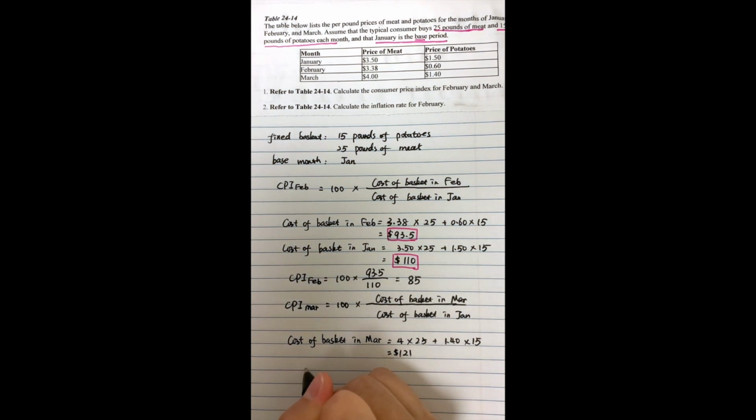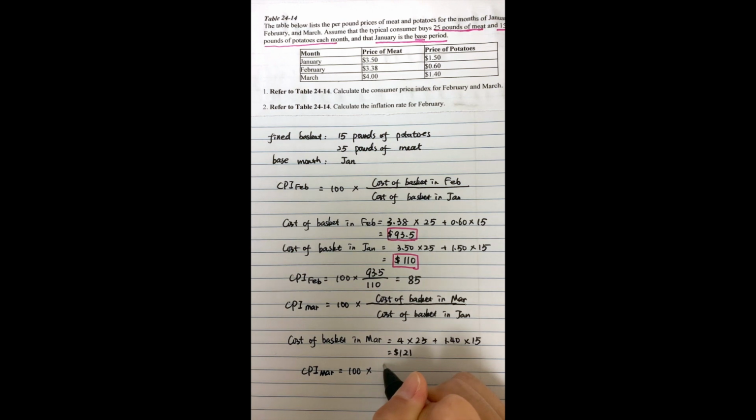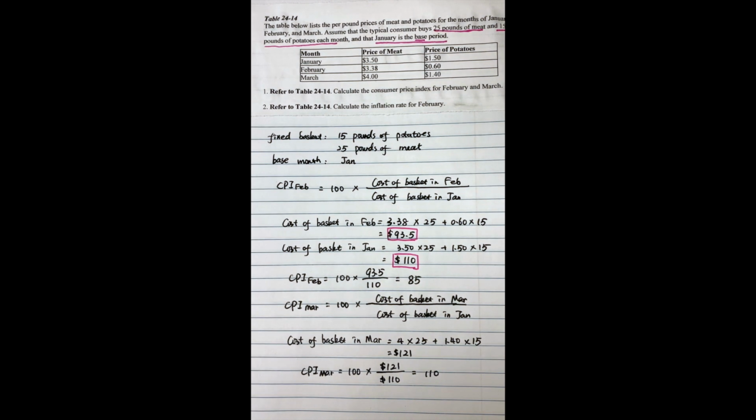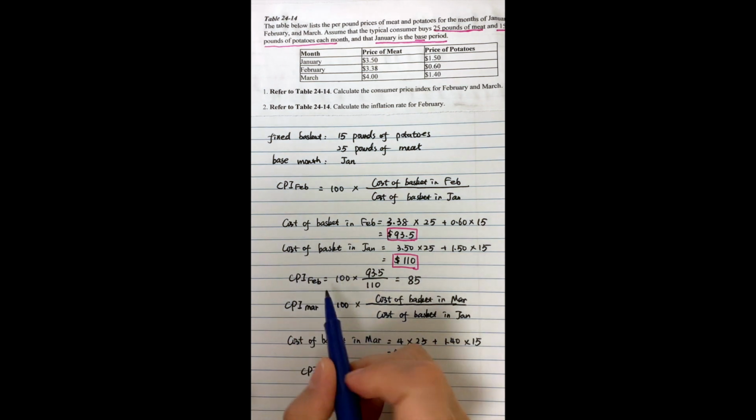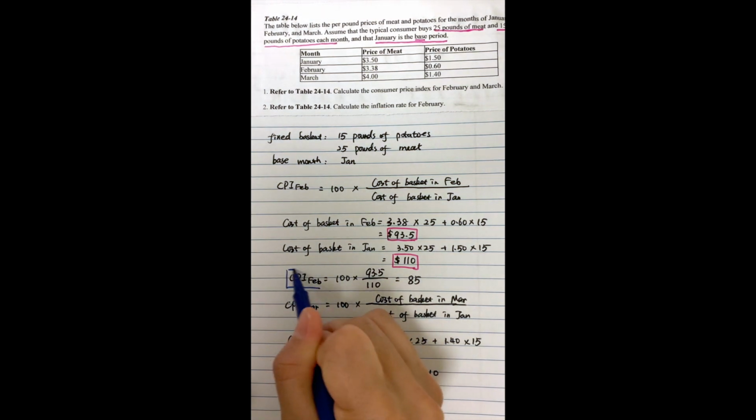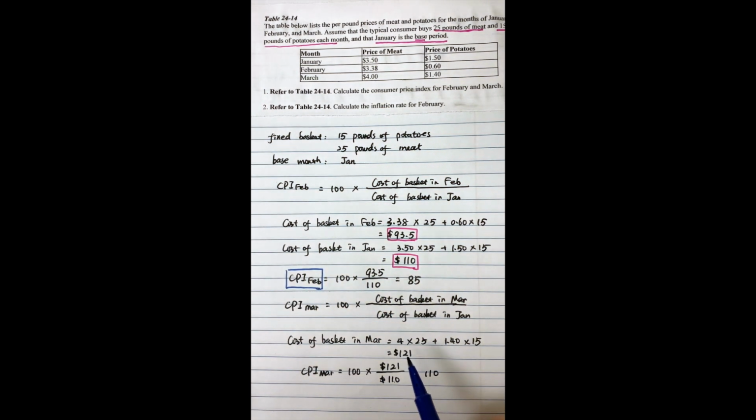So the CPI in March will equal 100 times $121 divided by $110, which gives us a CPI equal to 110. So from here we can compute the CPI in February and the CPI in March.